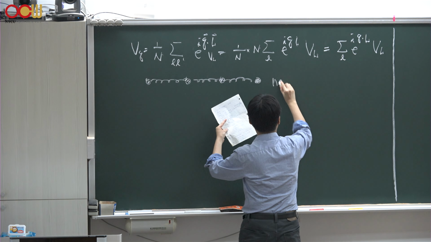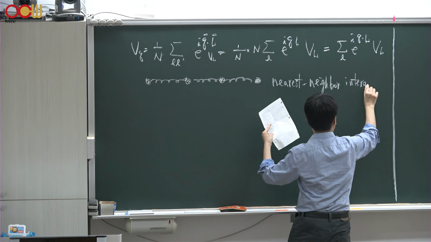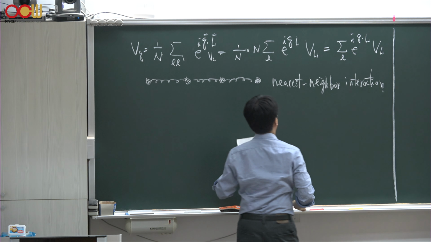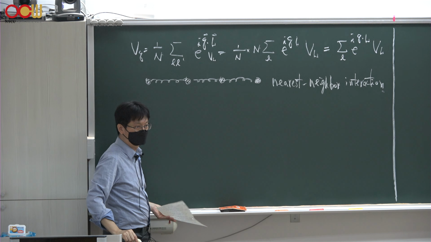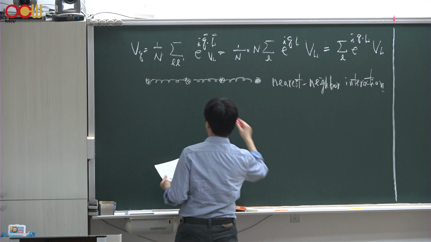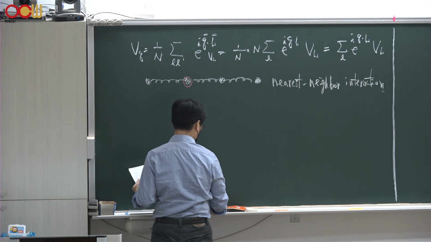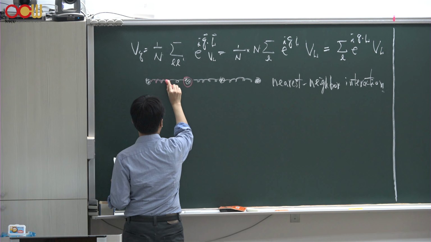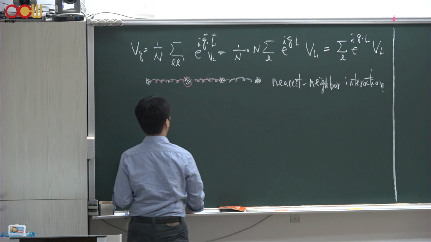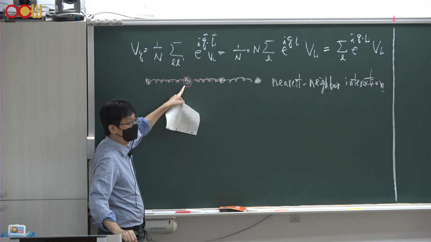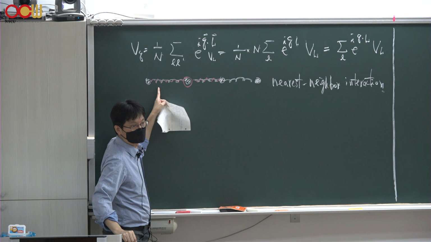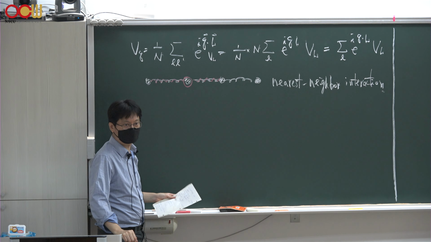Namely, suppose we consider just a leading order term where the interaction only involves the nearest neighbor. Meaning, suppose this atom is what we try to analyze, and the lattice vibration which involves this atom, marked by red, is only with its nearest neighbors, left and right.